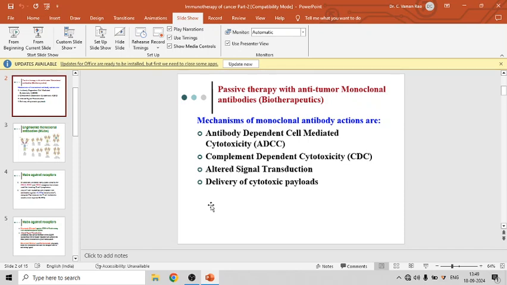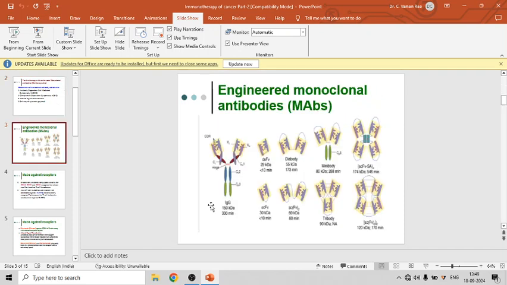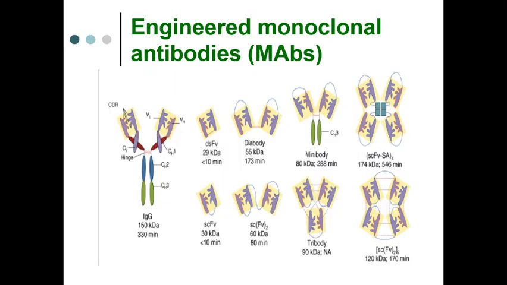Now coming to engineered monoclonal antibodies. Here is one of the methods that shows the modified monoclonal antibodies. First, on the extreme left hand side is the normal monoclonal antibody, or the antibody structure.